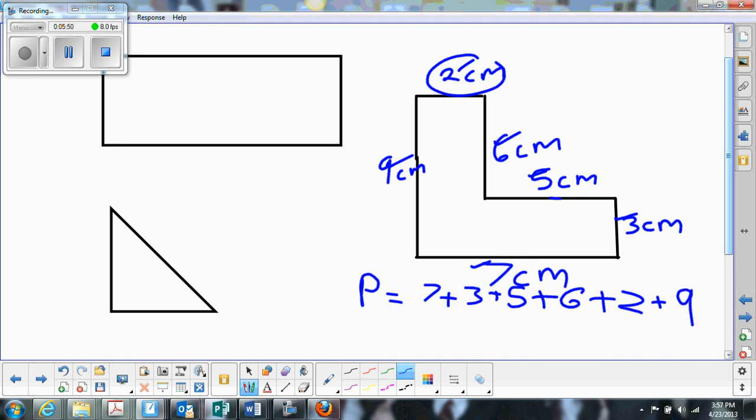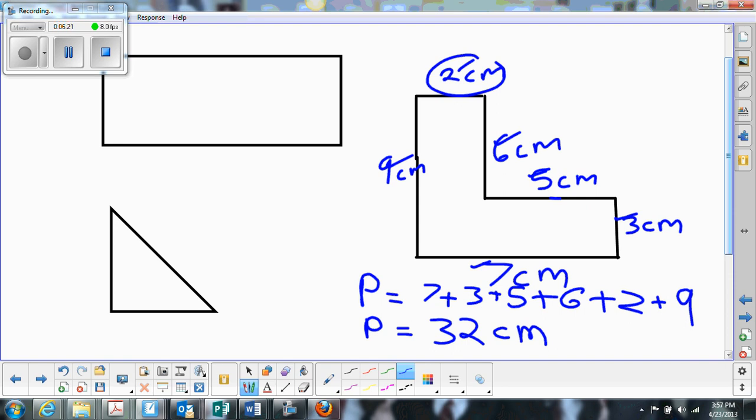In my head, I'm going to do some mental math, and I know that 7 plus 3 equals 10, and I know that 10 plus 5 is 15. I know that 15 plus 6 is 21. I know that 21 plus 9 is 30, because 1 plus 9 is 10. So 21 plus 9 is 30, plus 2 is 32. So the perimeter of the shape is 32 centimeters. And that's how I figure that out.